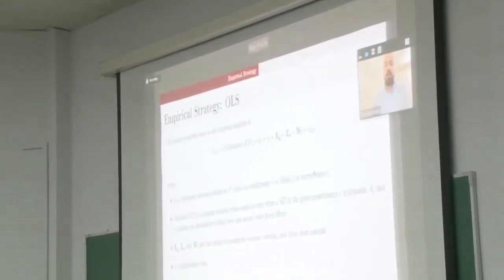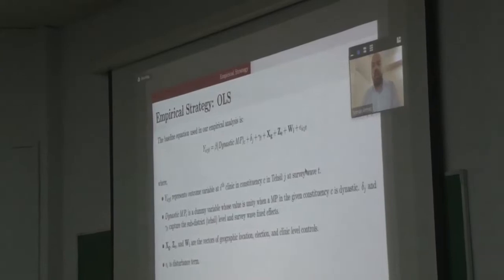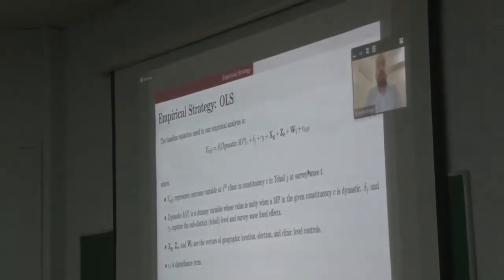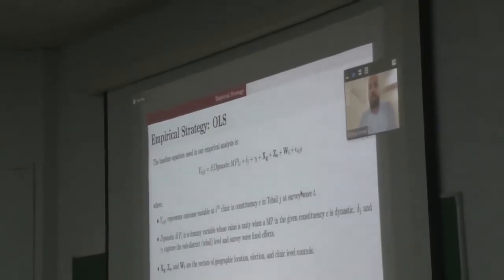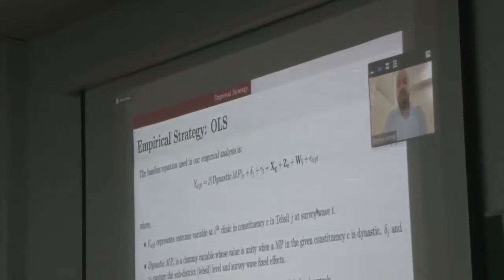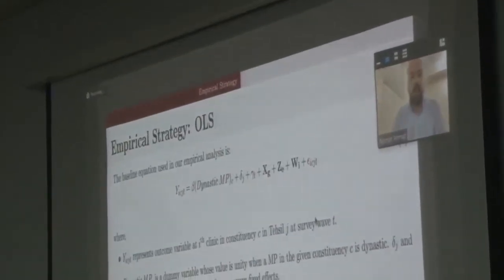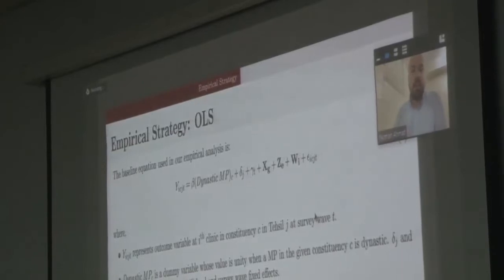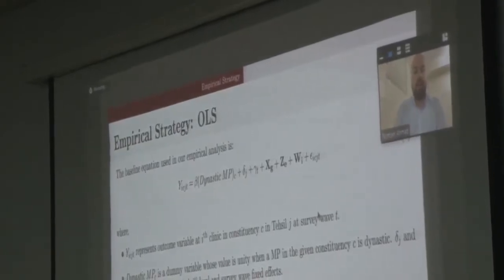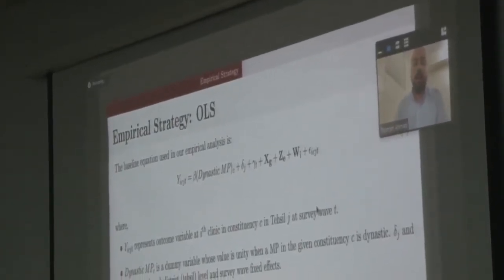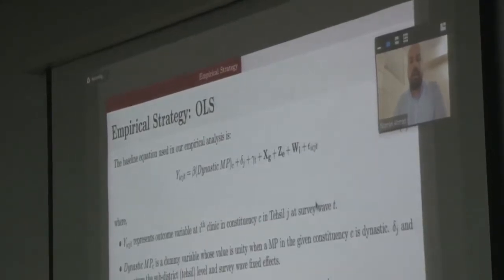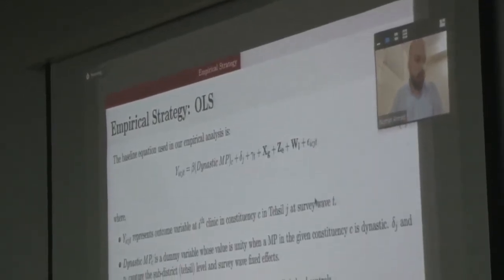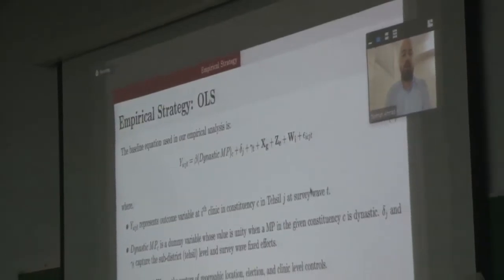Our empirical strategy is heavily based on OLS regression. Our dependent variable Y is the doctor present, doctor assigned, and log tenure of the doctor. On the other side, we have dynastic MP and the other variables, which are our control variables for this regression.